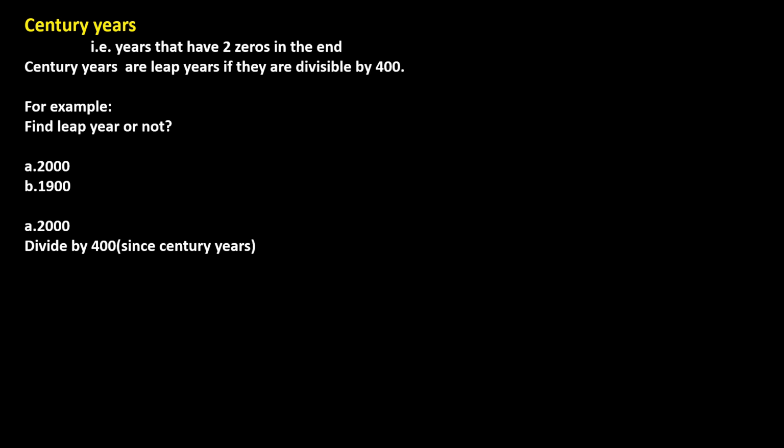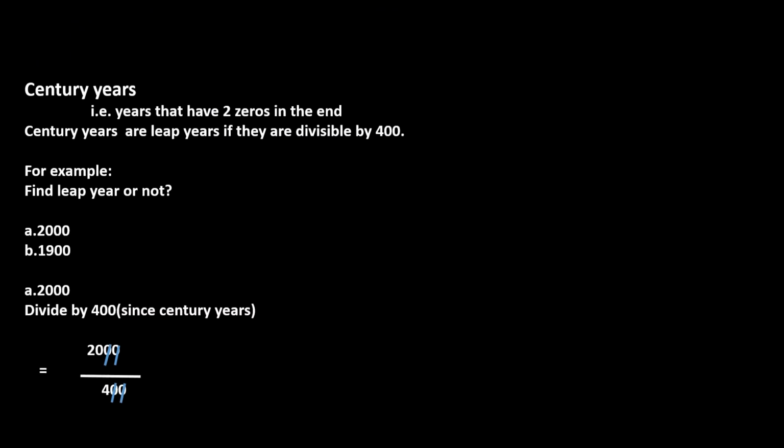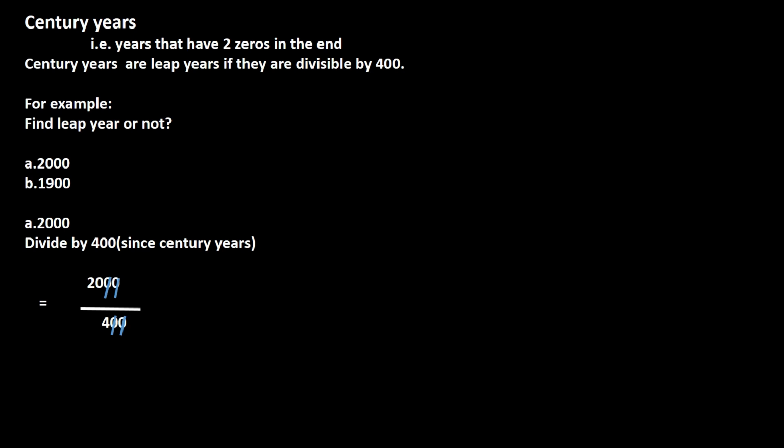In this we can use the normal simplification method. That is 2000 divided by 400. So here two zeros are in common. So we can remove the last two zeros. So the two zeros in the numerator and denominator are cut. So now 20 divided by 4. So we know 4 into 5 is 20.